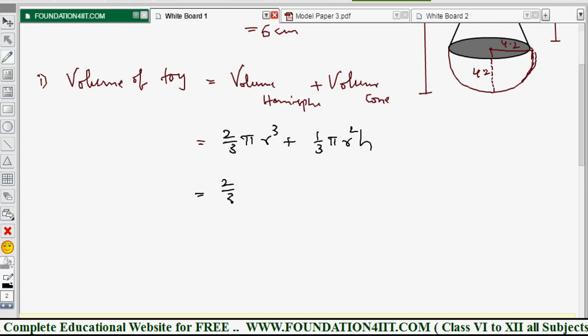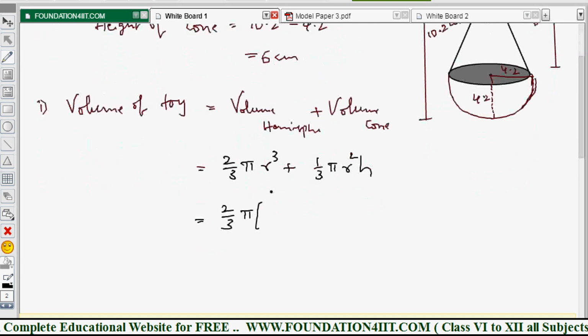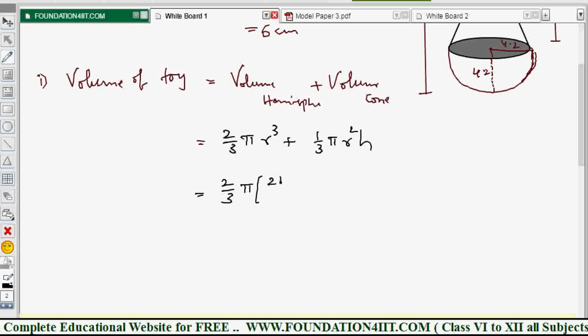So 2 by 3 pi into 21 by 5 whole cube plus 1 by 3 pi into 21 by 5 whole square, and the height of the cone is 6. We need to simplify this.